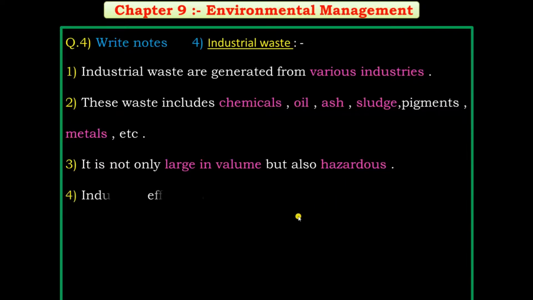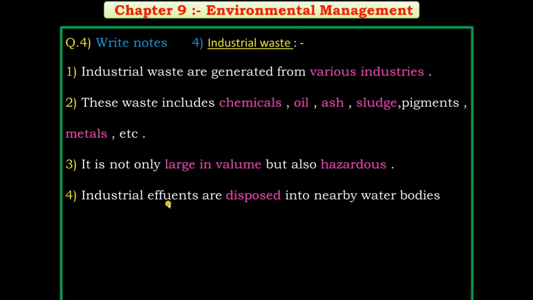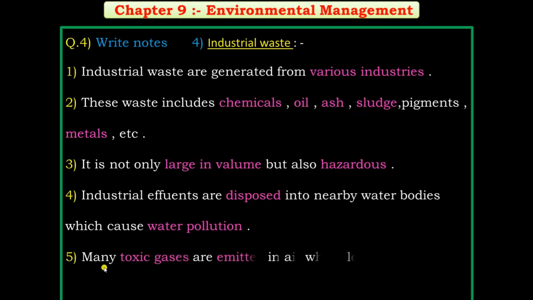Point number 4, industrial effluents are disposed into nearby water bodies, which causes wastewater pollution. Point number 5, many toxic gases are emitted in air which lead to air pollution.